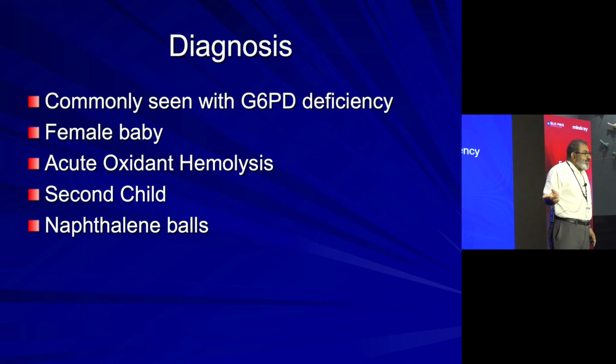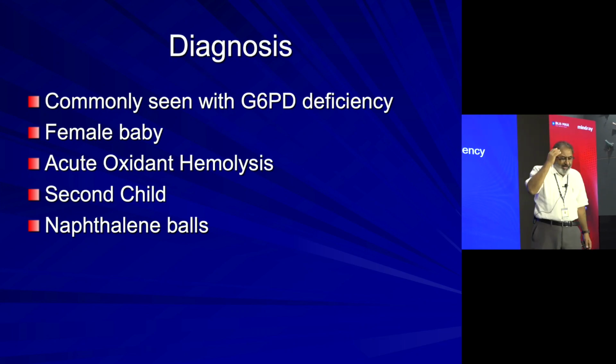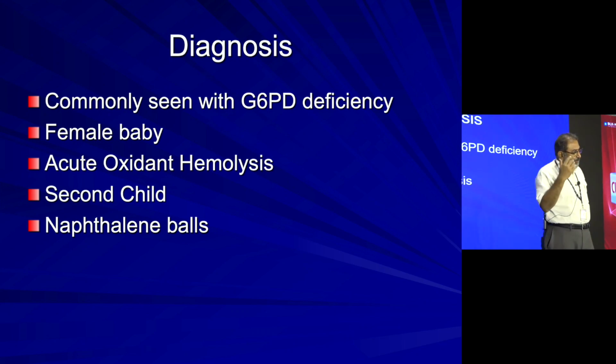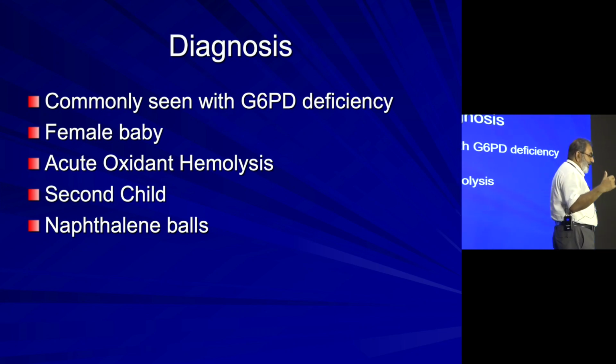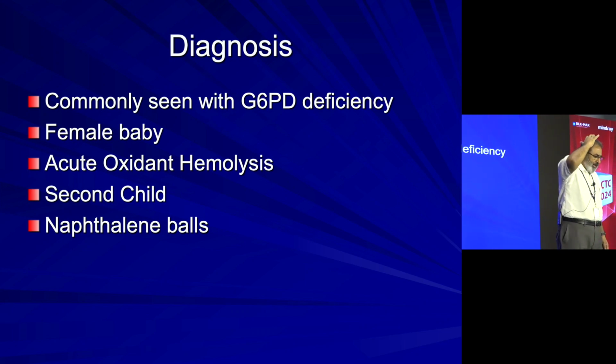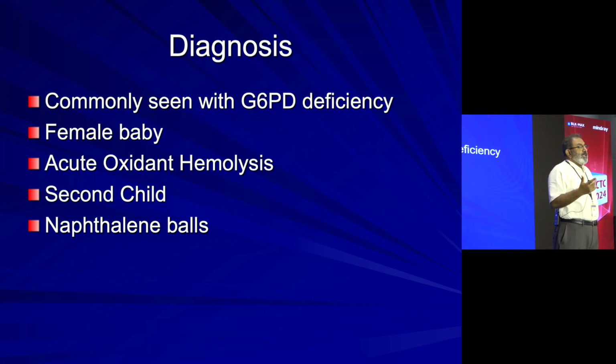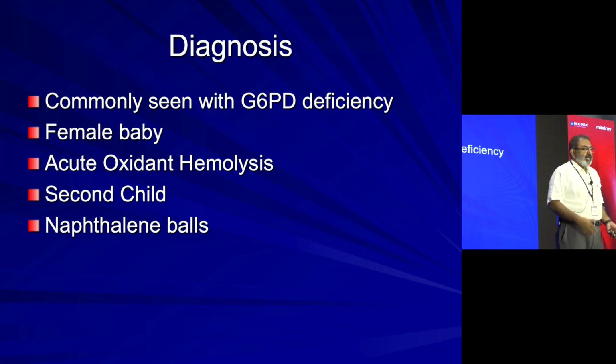Now because of this, exactly a year later when I came back from Australia, one doctor from pediatrics, Koshi, who is now a pediatrician in Tejpur, calls me. He says I've got an irritable child, can you look at the peripheral smear? I look at the peripheral smear, I said this is G6PD deficiency. He said it's a female child. I said go and ask the mother whether the child is wearing the clothes of the first child.